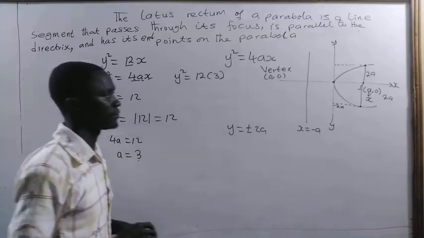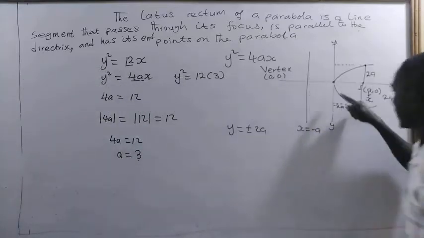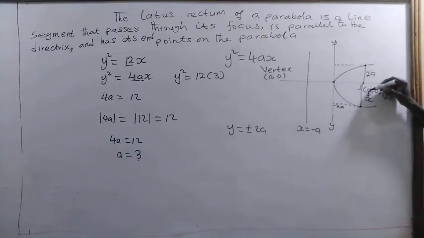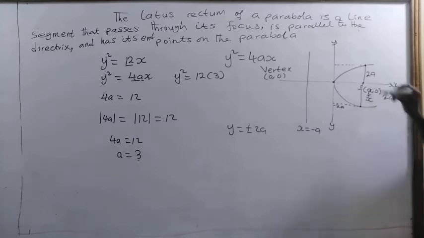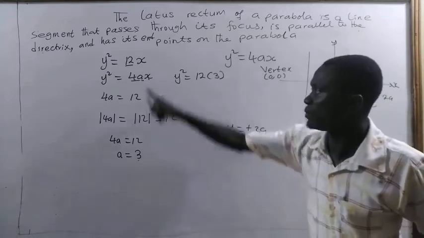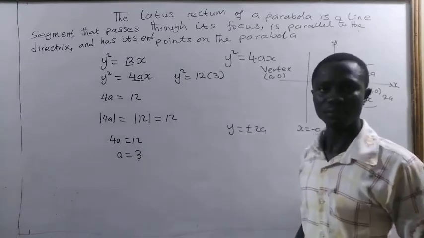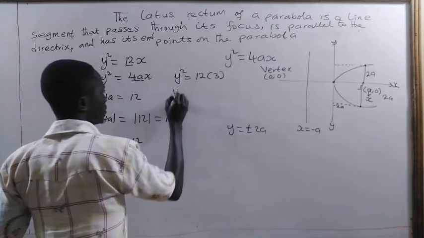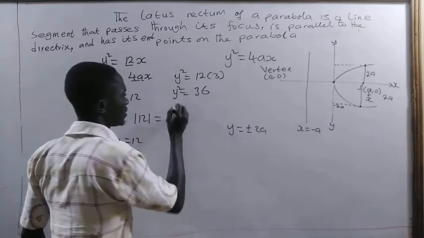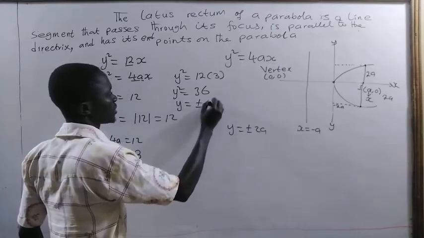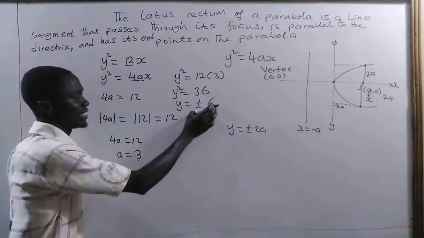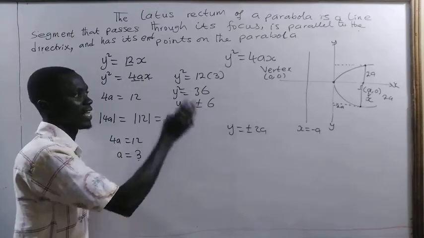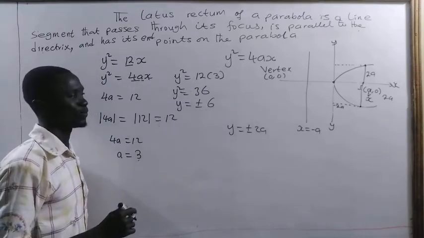We said that the distance between the vertex and the focus is a, which means that the x-coordinate is equal to a. So here, if a equal to 3, then it means that this x-coordinate is 3. So you can put it there, and then you get y squared equal to 36. And y will be equal to plus or minus 6. This gives you the y coordinates, and this represents the endpoints of the Latus rectum.